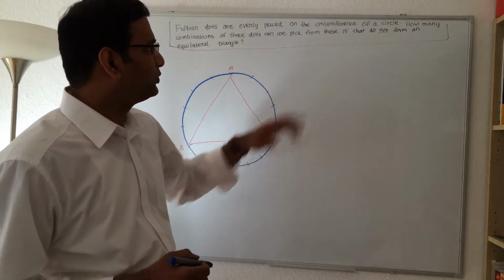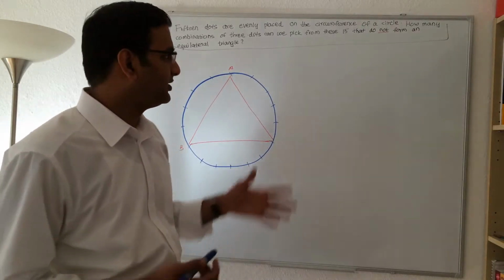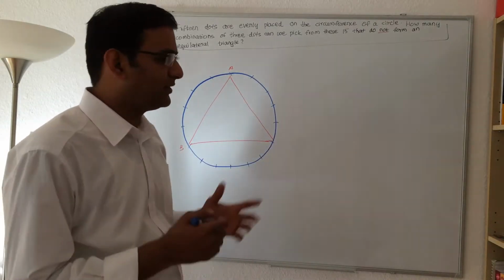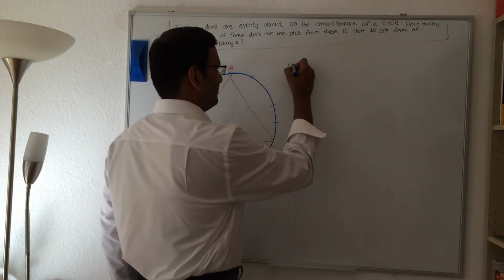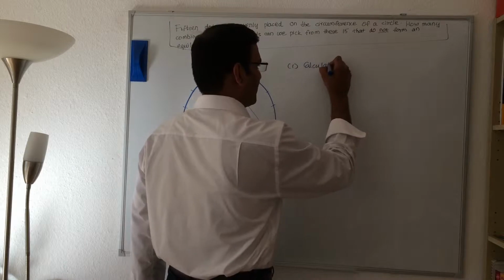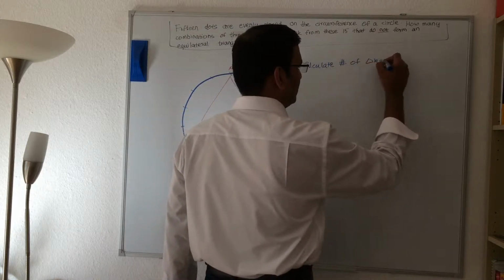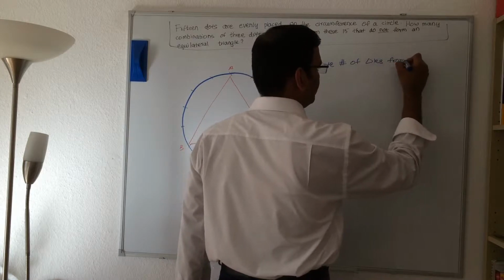So the key to solving such permutation and combinations problems is to apply the inverse logic. In this case, it's in two parts. Part 1 would be to calculate the total number of triangles from 15 dots.